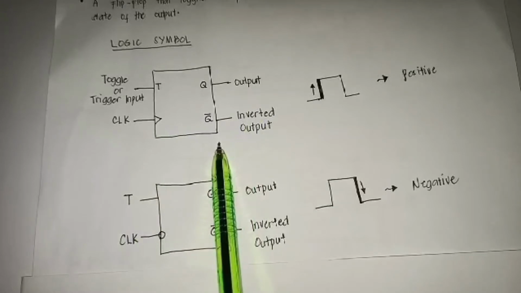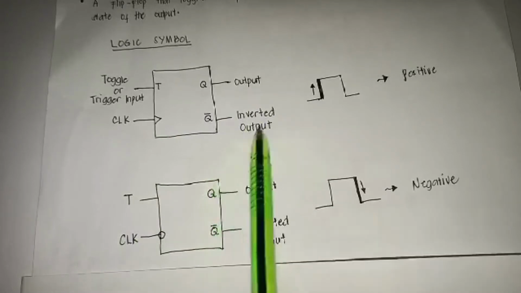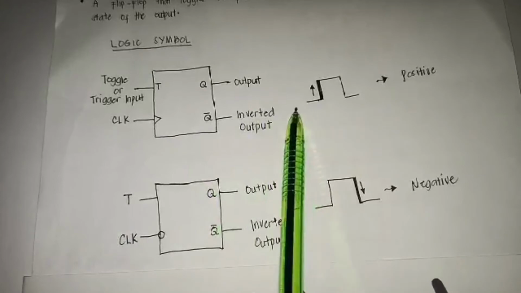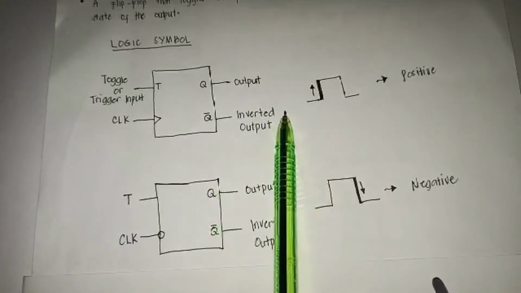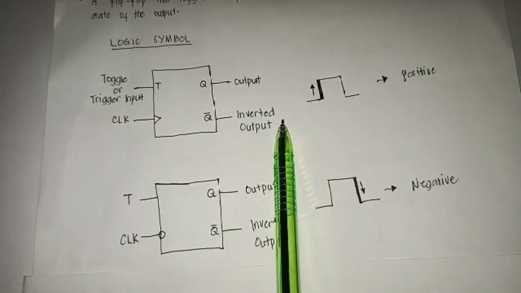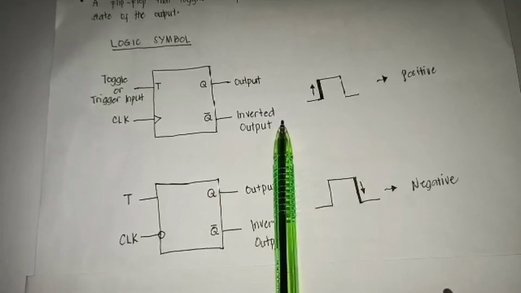Why are there two differences here? Because a T flip-flop is an edge triggering device. Edge triggering means a flip-flop always responds to transitions of a clock pulse.